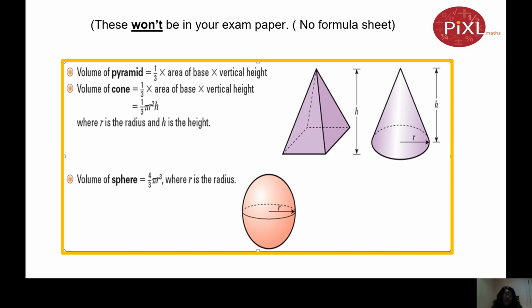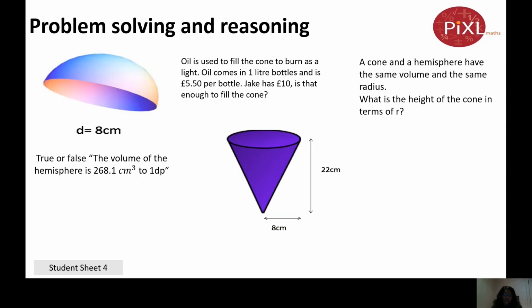So we're going to look at problem solving questions to do with the volume, as this is what is on the AO3 paper. Have a look at this one, and I'm going to give you just 4 minutes to try this one out.